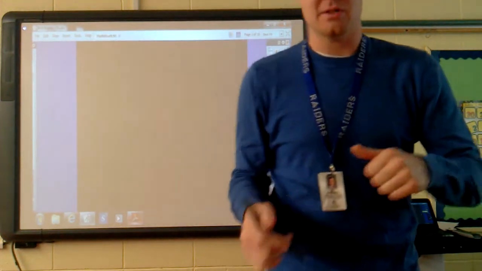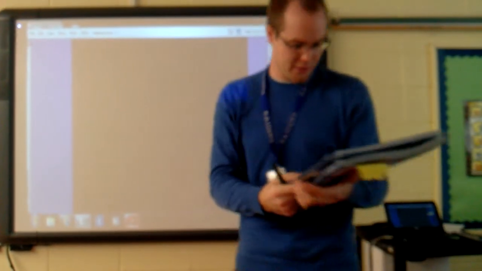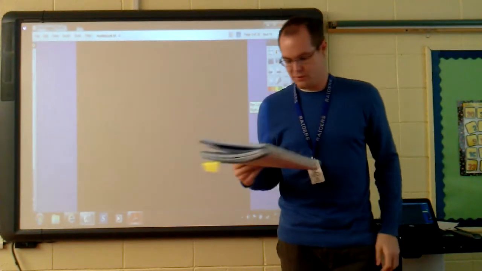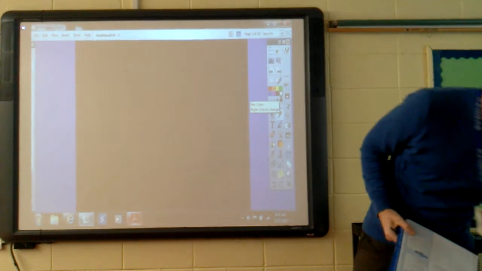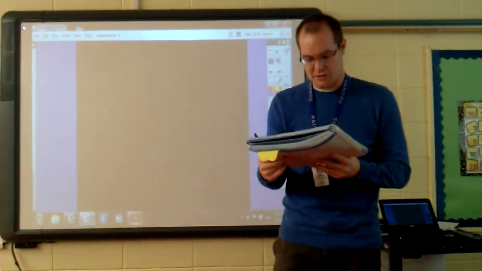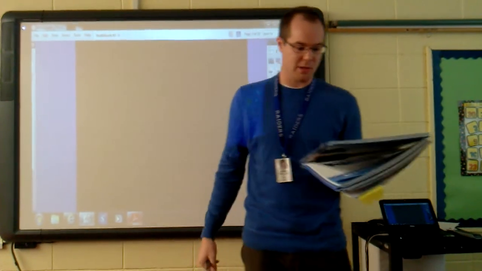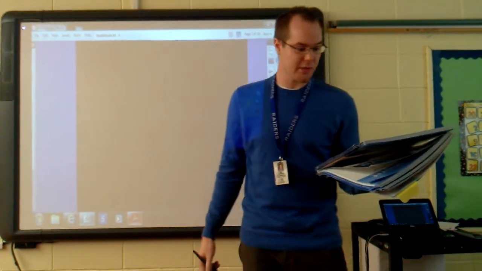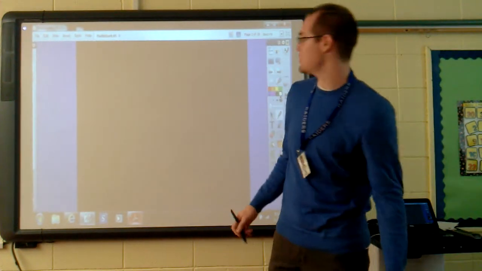Alright, so on page 621, the new concept says, if we switch the numerator and denominator of a fraction, the new fraction is the reciprocal of the first fraction. The reciprocal has the same terms, but their positions are reversed.